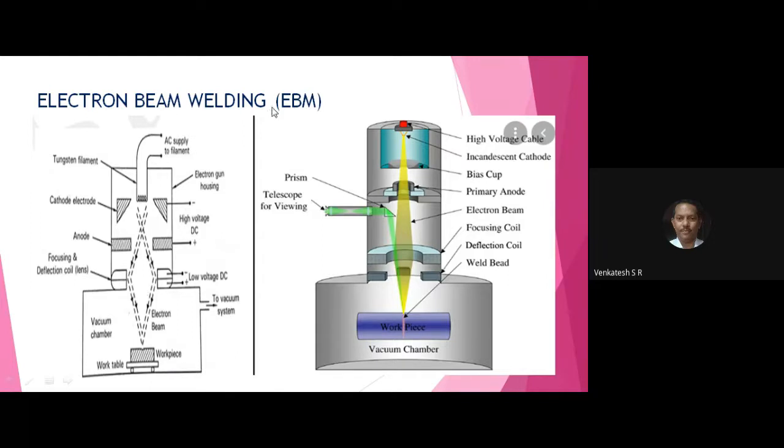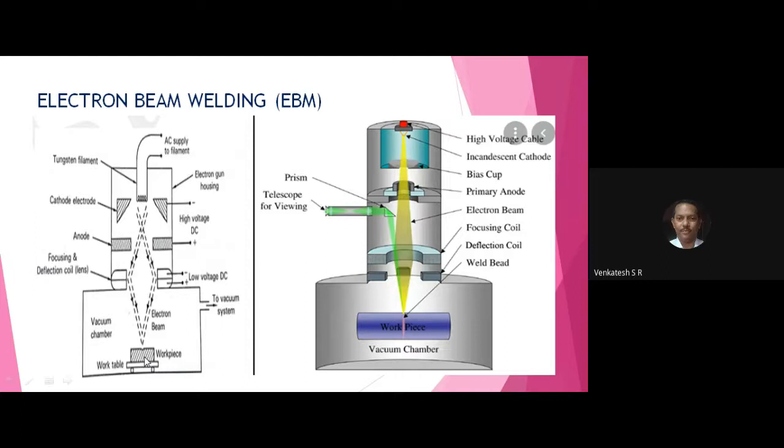The electron is produced from the tungsten filament. All of you observe here, once you supply the electric current and voltage to the filament, the tungsten filament starts to produce electrons, due to the placing of cathode and anode, and the grids make the electrons fall on the workpiece. This is the electric supply to the filament, and this is the control of horizontal grid and vertical grid, so that the electrons are made to fall on the workpiece joint.